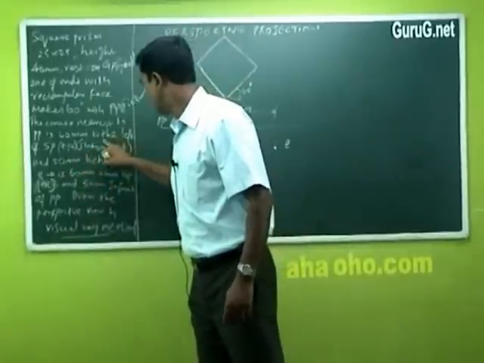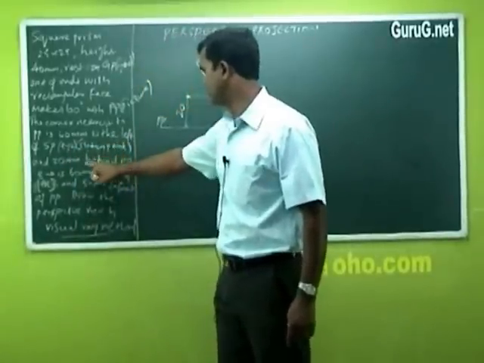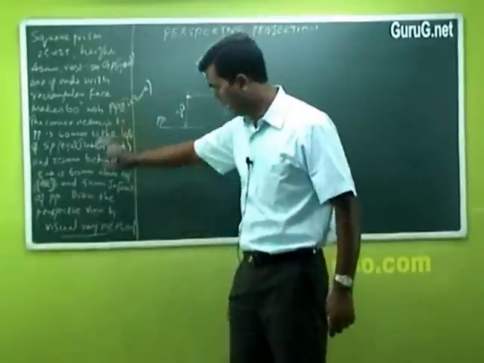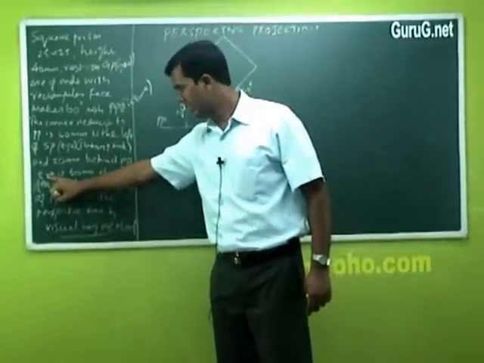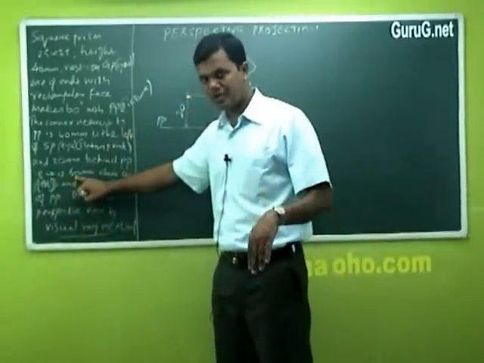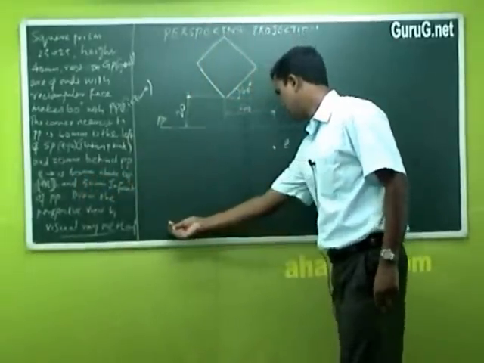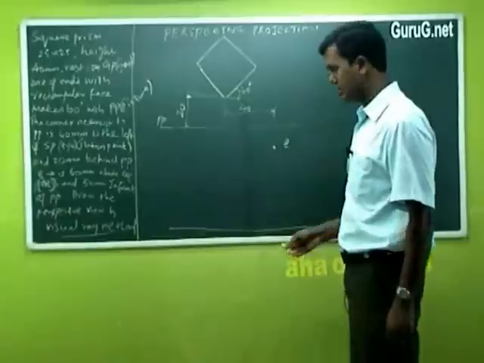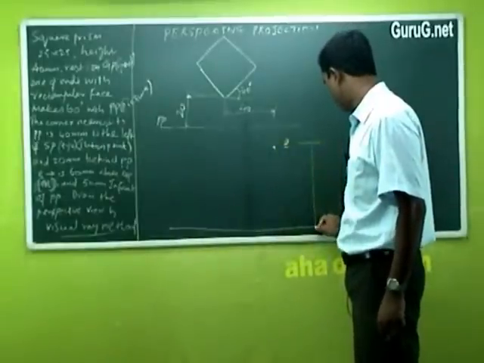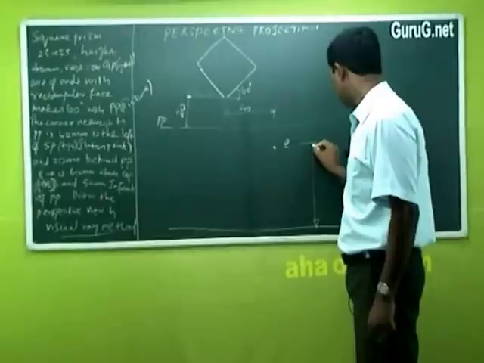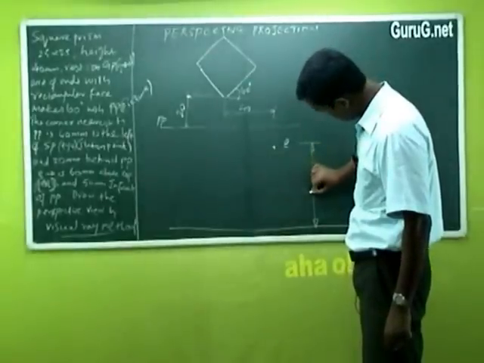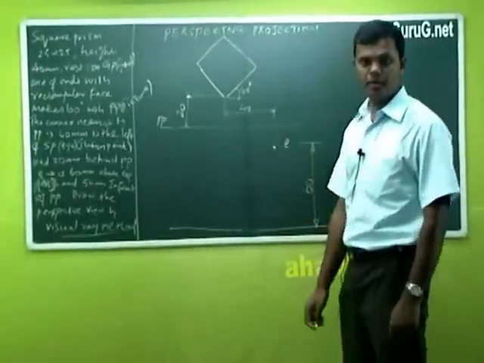Then come left of PP; the corner is 20 millimeter behind PP, this one. Again, the station point E is 60 millimeter above the ground plane. I told you this should be your ground. This point has to be 60 millimeter above the ground plane.